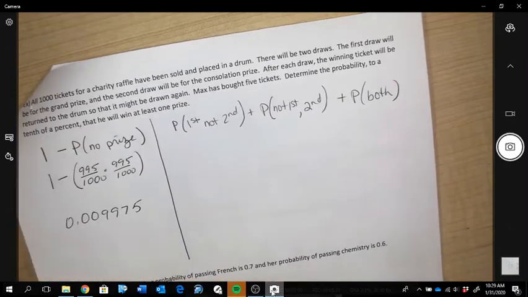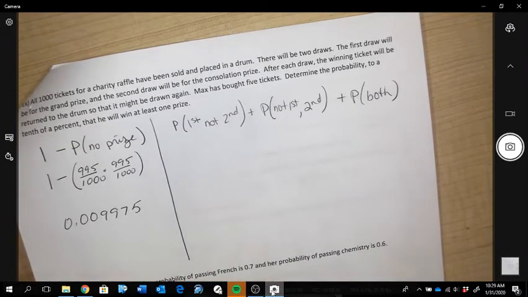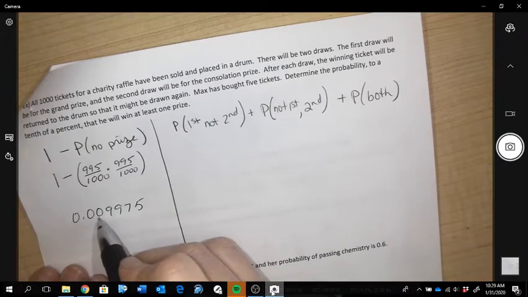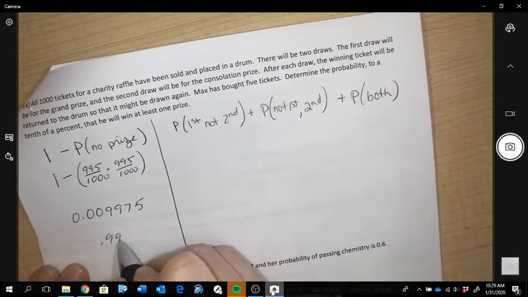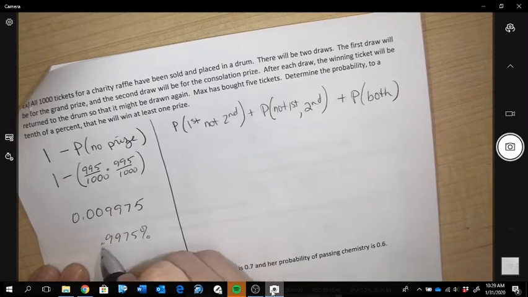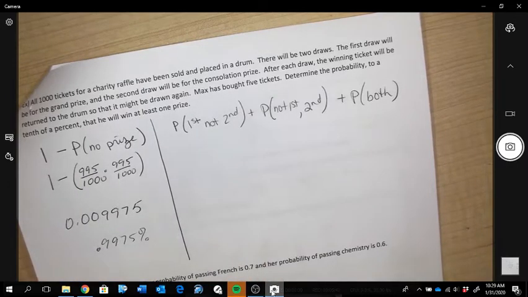I'm going to give you the decimal like that. So it's like 0.9975. So it's really close to a 1% chance.